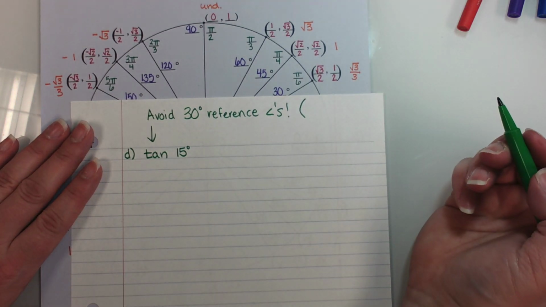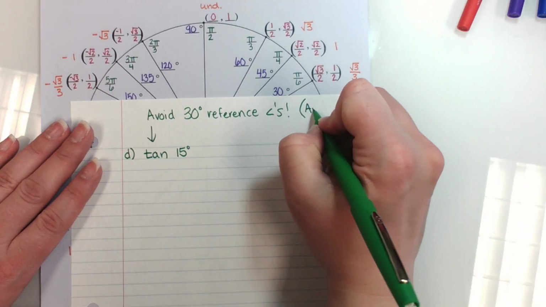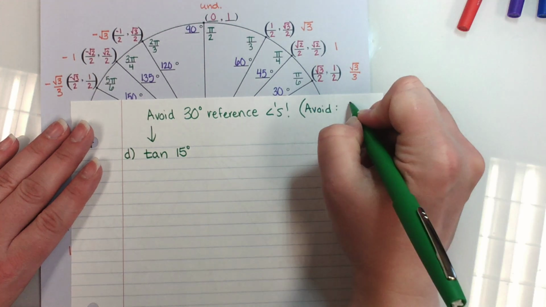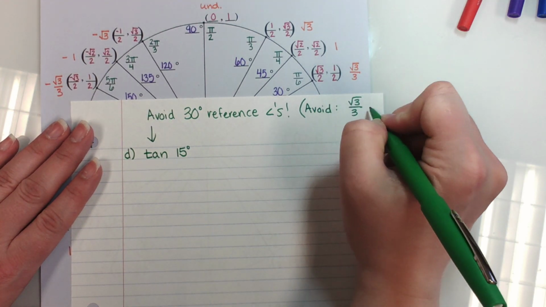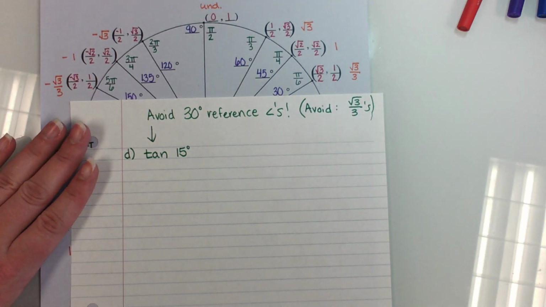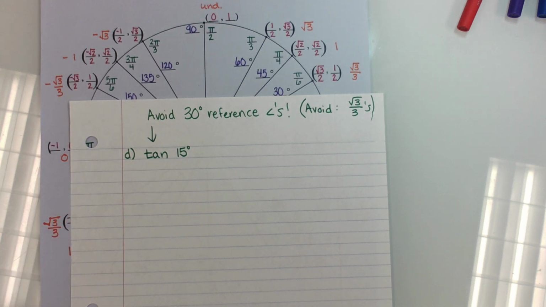So avoid those 30-degree reference angles. In other words, avoid the square root of 3 over 3's. Find another way when it comes to tangent. Can you do it this way? Again, absolutely. Are you going to save yourself some work by avoiding them? Yes.